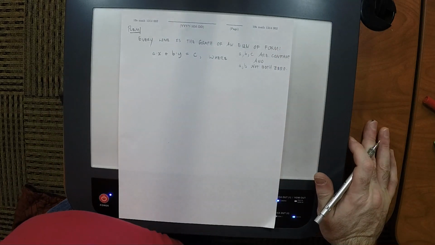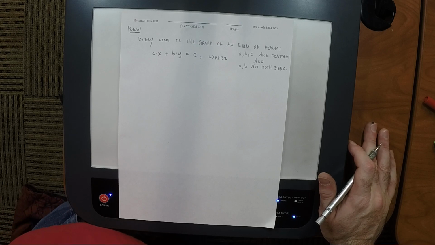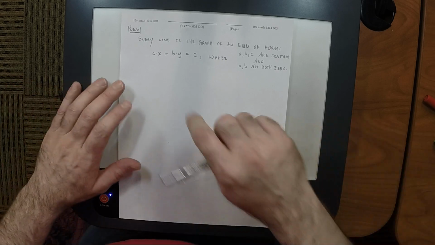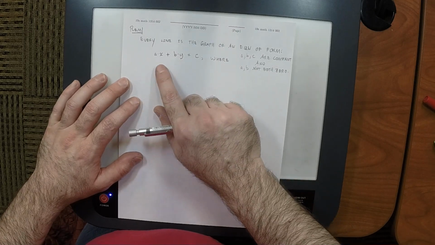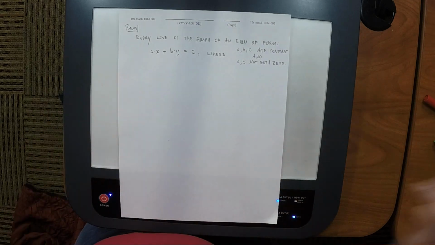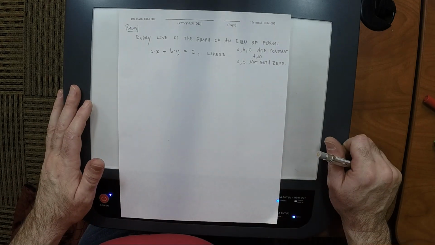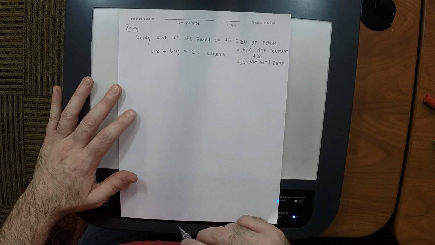Understand what that means. It's fine for one of them to be 0, but if one of them is 0, then the other one isn't. The reason is that if a and b were both 0, then the left-hand side would become just 0, and there wouldn't be any variables. So we can have one of them 0, but not the other.